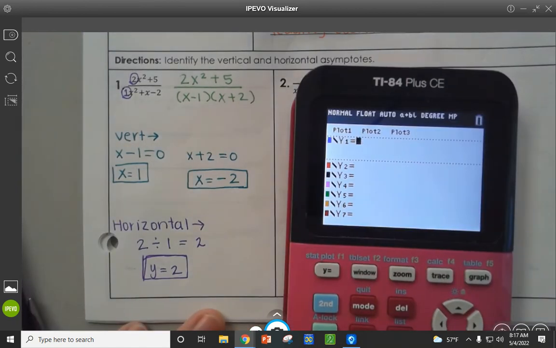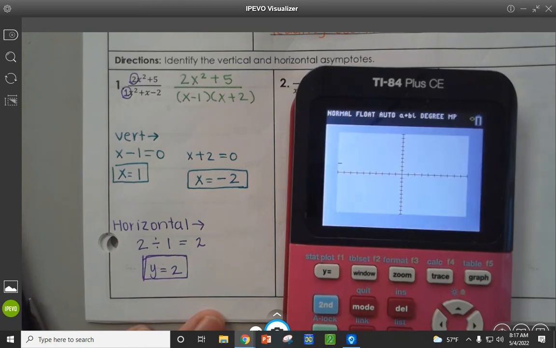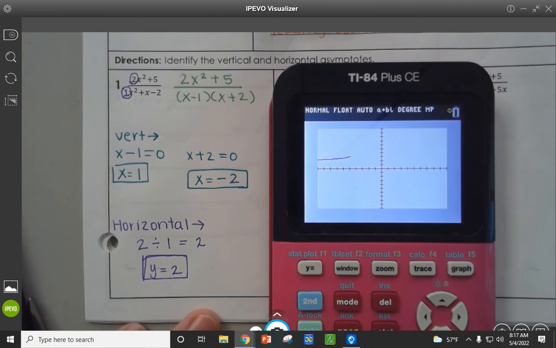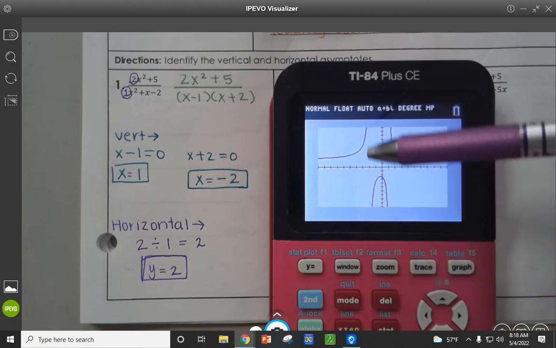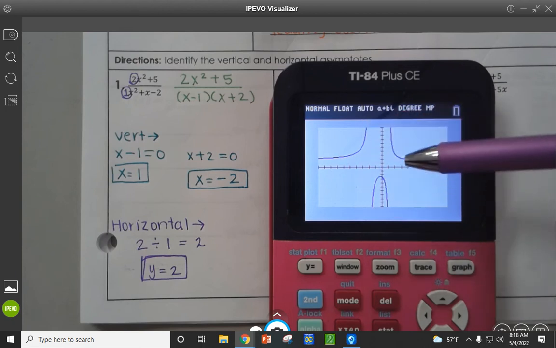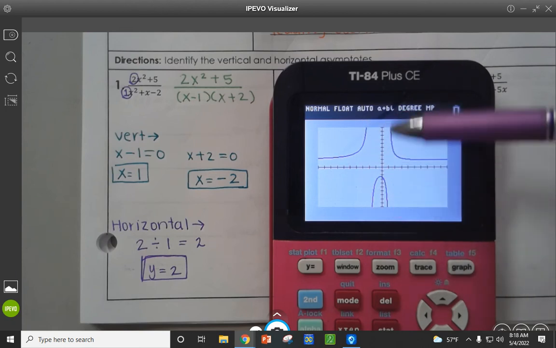I'm going to show you what this graph looks like. So this would be -2 right here, this line, and this line would be +1.